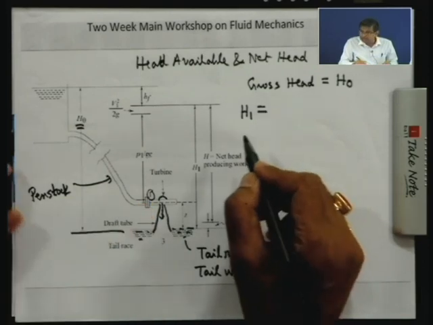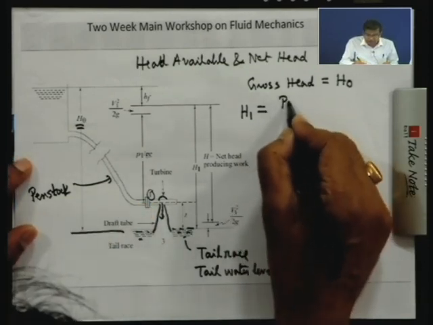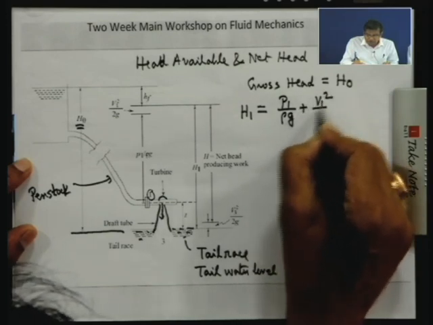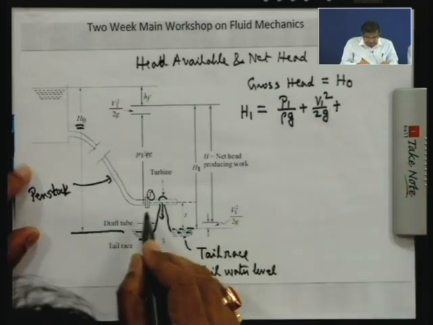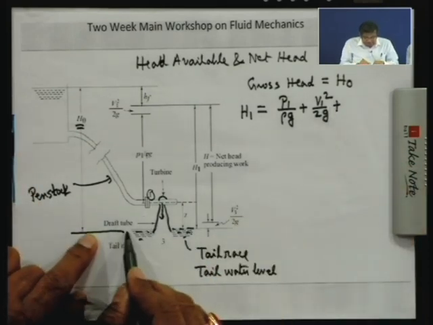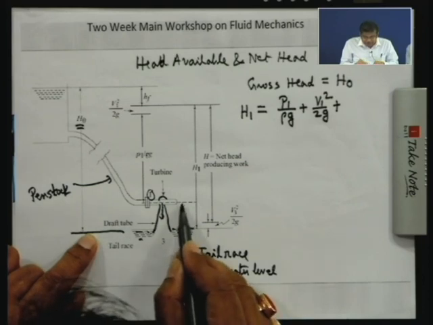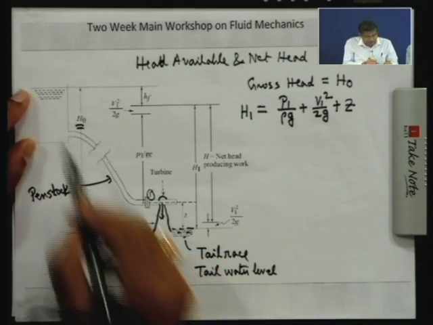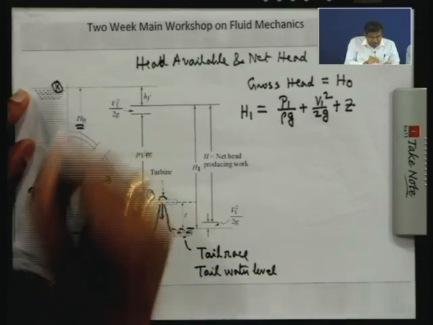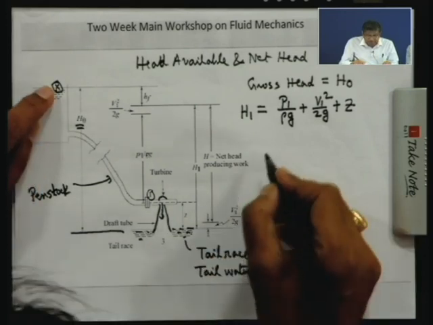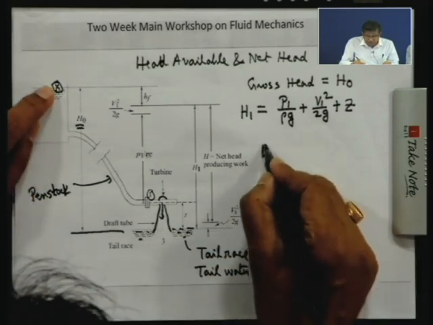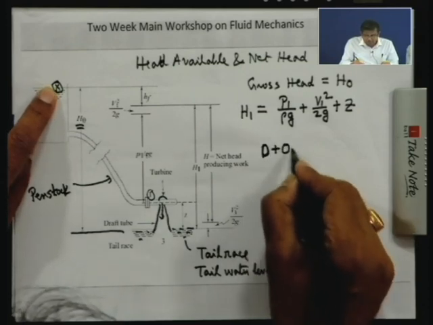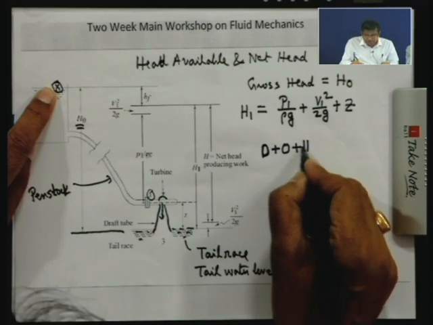This head is the sum of the pressure head P1 by rho g, the velocity head, plus the potential head, because we are defining the reference datum here, and it is represented as Z. Now, if we write Bernoulli's equation between a point here and the point 1, pressure is 0 because we are considering all pressures above atmospheric, no velocity, only the potential head which is H0.